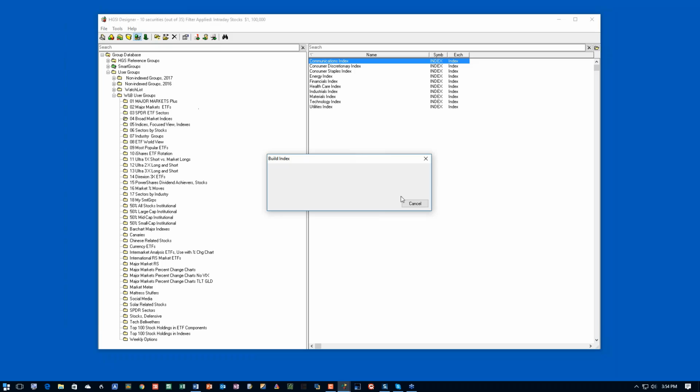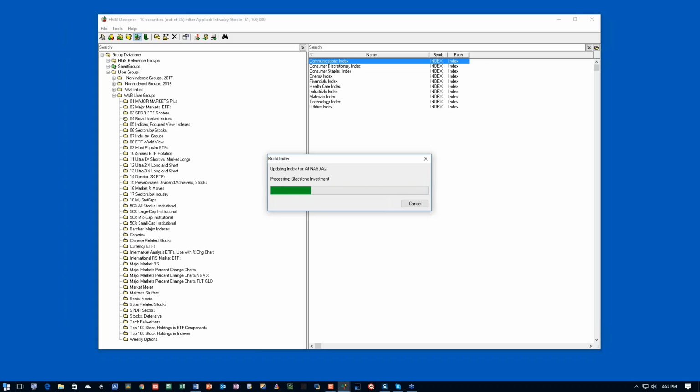I can rebuild these indexes that are in my broad market indices folder. The reason I'm doing this is I want to see what happened today. Now, the market's closed, but you can do this at any point during the day, and it's going to show you what's happening based upon a 15-minute delay in prices.